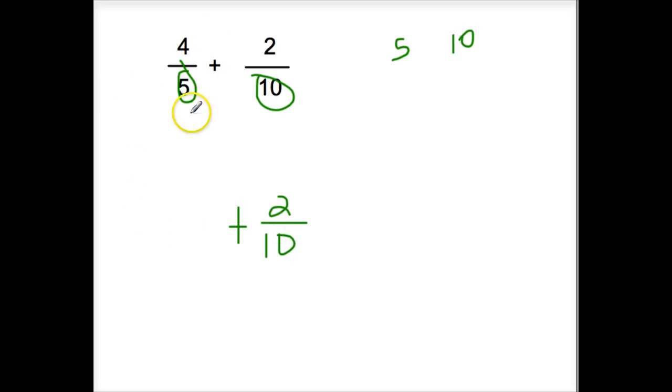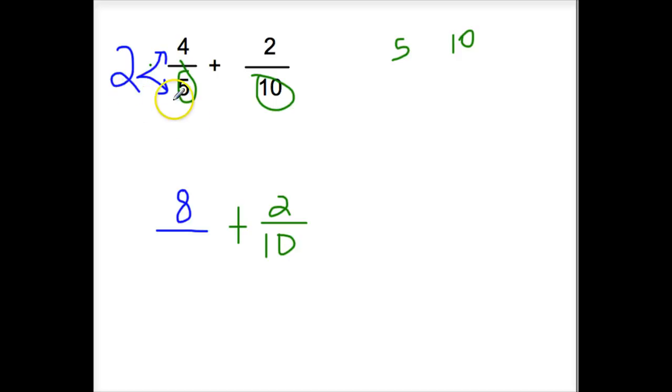And we're going to multiply 4/5 times 2 because 5 times 2 is 10. So if we multiply our numerator and denominator by 2, 2 times 4 is 8, and 2 times 5, let's just put that there so we can look at it.